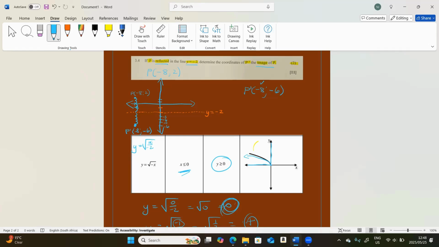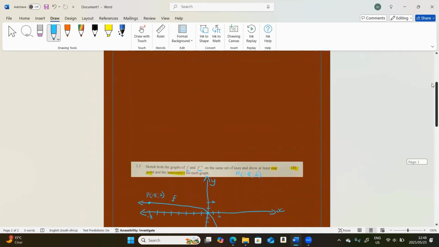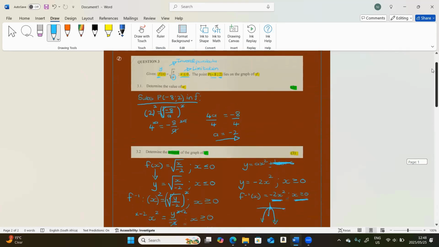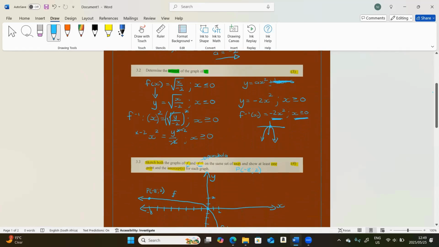Now, before I move on, let's quickly just see. Let's just write this. Over here, I expect 2 out of 2 for 3.1. And over here, at the inverse, I would have expected that you might have lost 1 point if you did not consider your limitation. That's why I made it yellow.